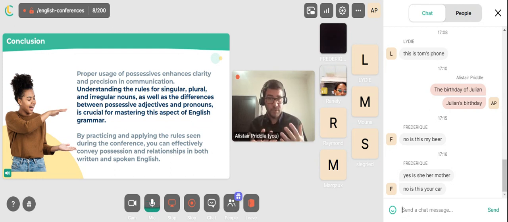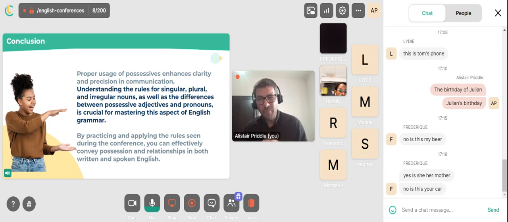Understanding the rules for singular, plural and irregular nouns, as well as the differences between possessive adjectives and pronouns, is crucial for mastering this aspect of English grammar. By practicing and applying the rules seen during the conference, you can effectively convey possession and relationships in both written and spoken English.